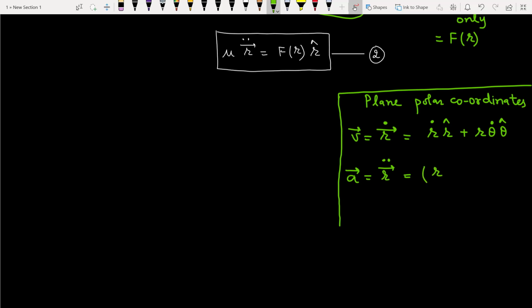So it is (r double dot minus r theta dot square) r cap plus (2 r dot theta dot plus r theta double dot) theta cap.